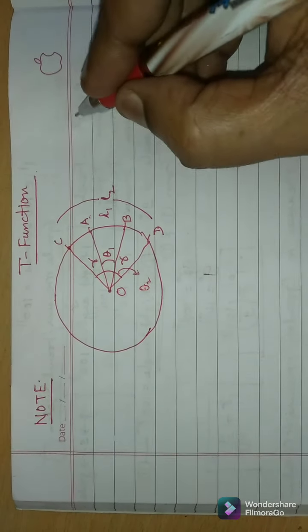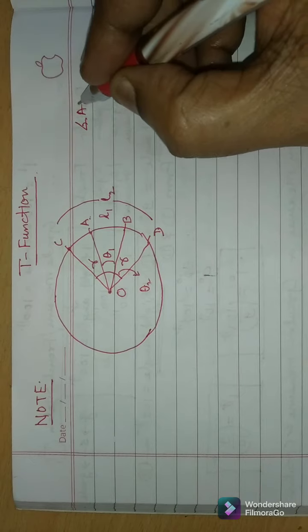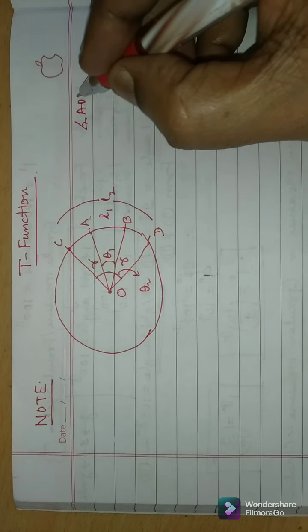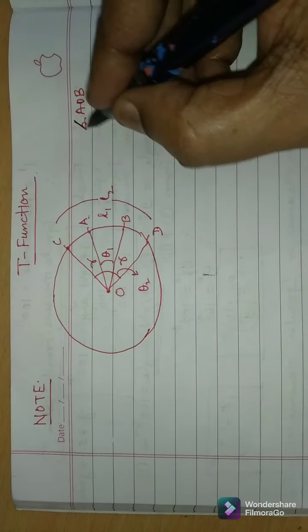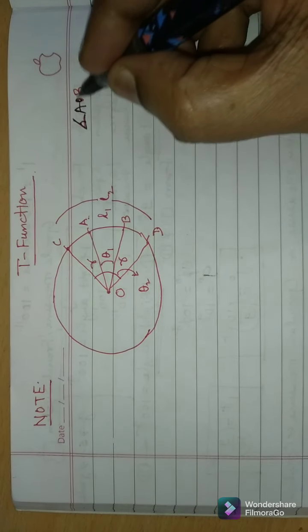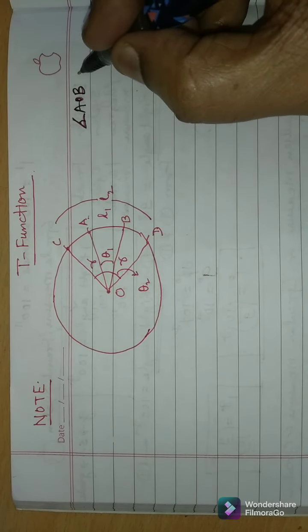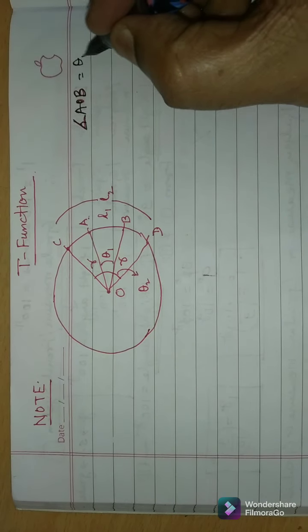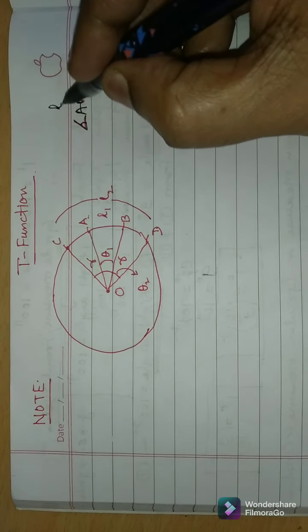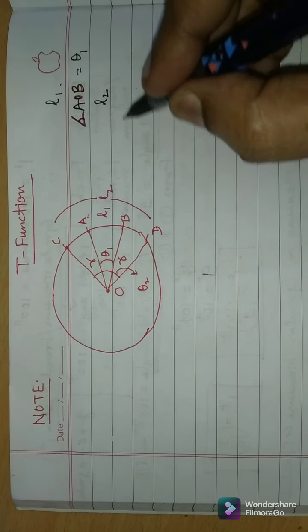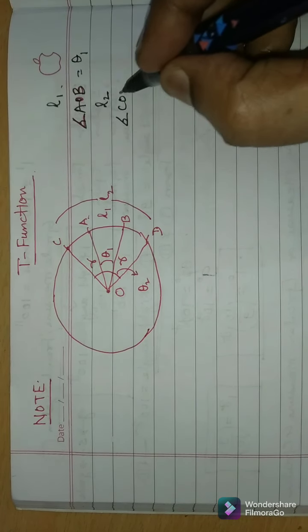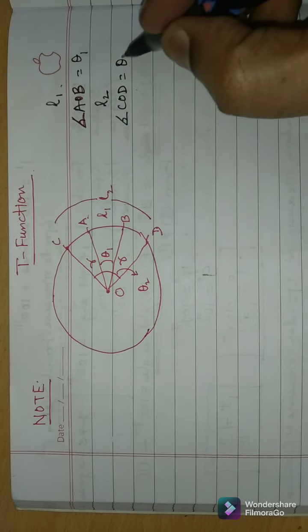So see, angle AOB is equal to θ1 when the length of the arc is L1, and when the length of the arc is increased to L2, angle COD, the sector angle, is θ2.